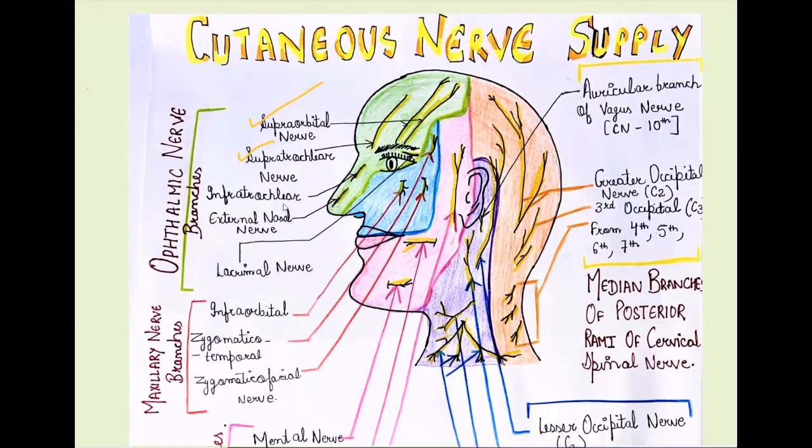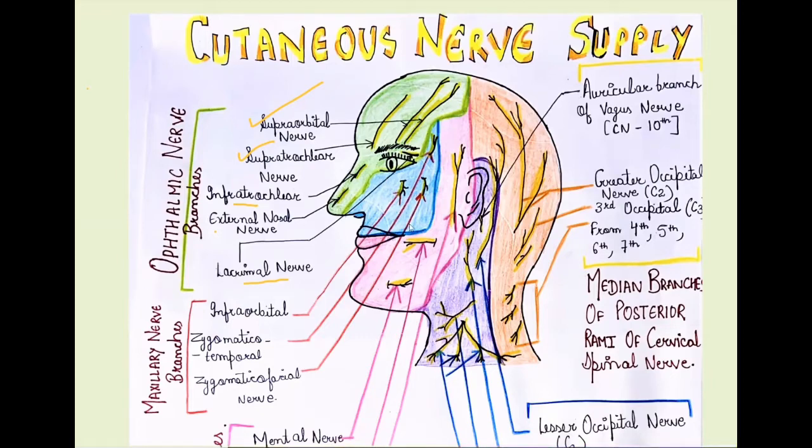The nose region is supplied by the infratrochlear nerve and the external nasal nerve, and the lacrimal nerve supplies the eye region, right? These all are the branches of your ophthalmic nerve, which is further the branch of the trigeminal nerve. That is the fifth cranial nerve, right?